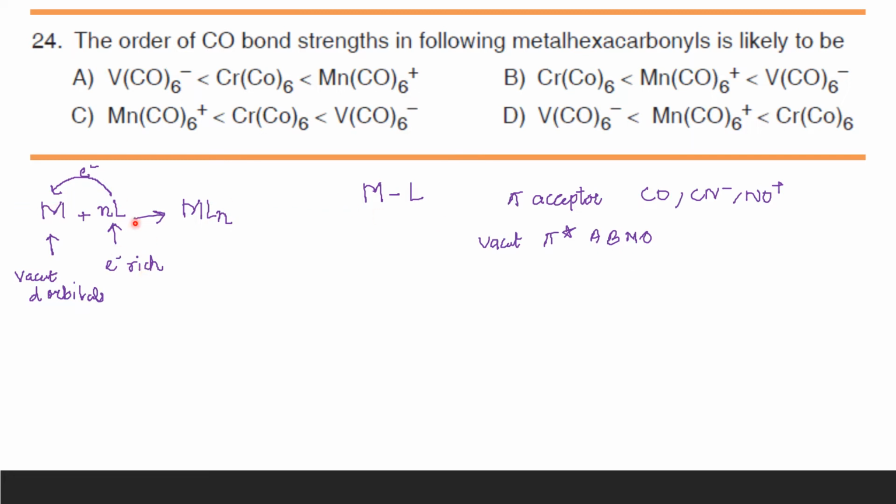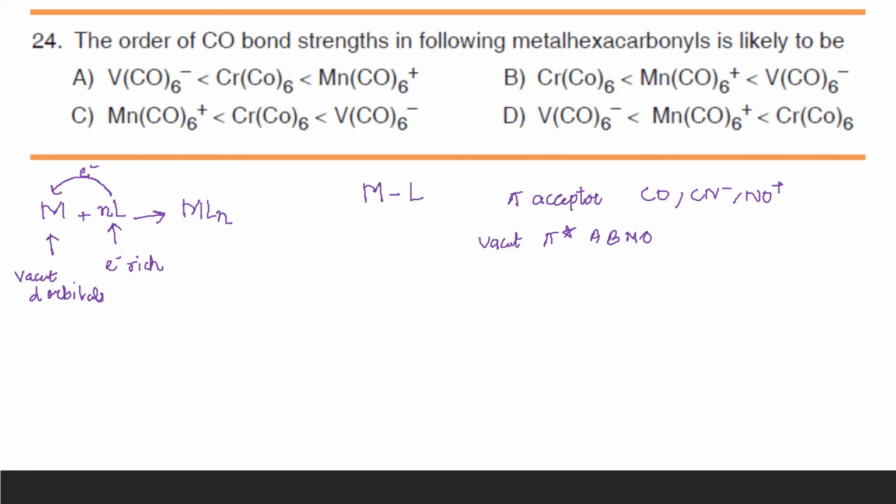So normally when the coordinate bond formation takes place, electron from ligand is donated to metal. But certain ligands like a pi acceptor ligand like CO, CN minus, NO plus, etc., have got vacant pi star antibonding molecular orbitals to which they can accept electrons from the metal. So this is taking place only in the case of these types of ligand.